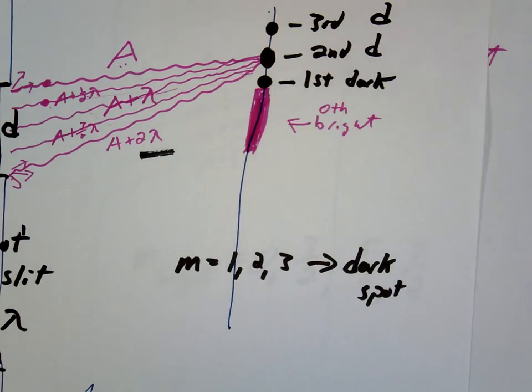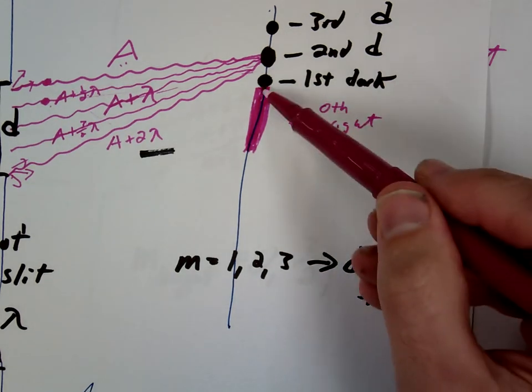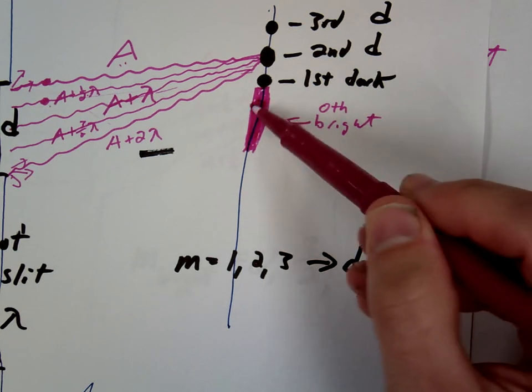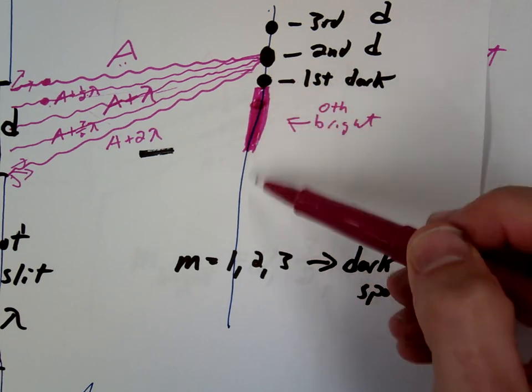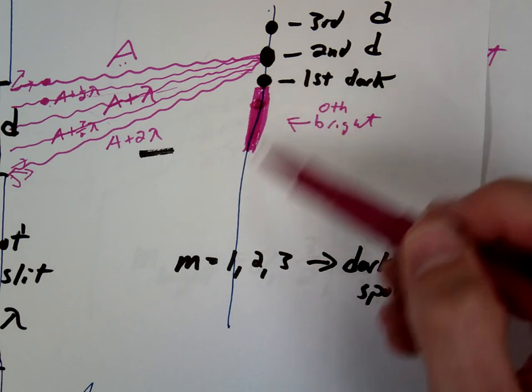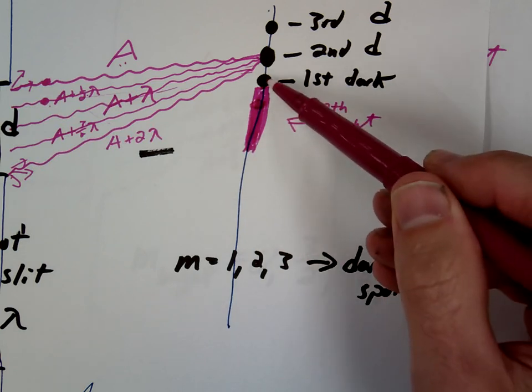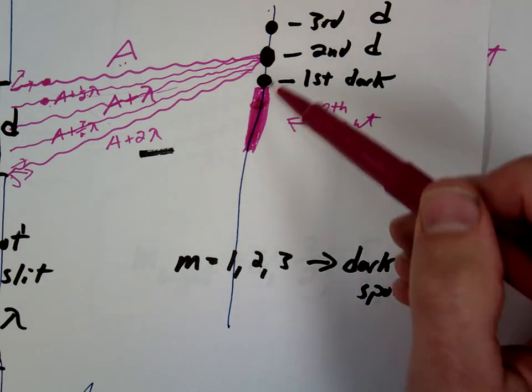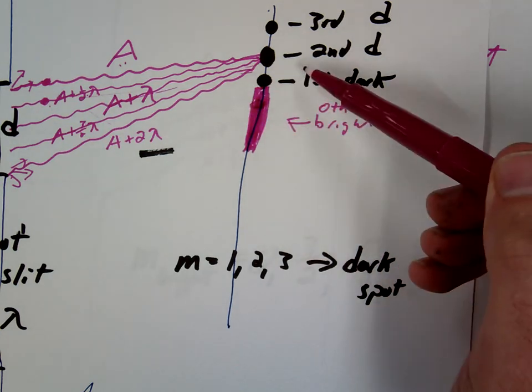If you thought it was 1 half, it would be right here, which is already a bright spot itself. So the first bright spot does not end until you've reached the first dark spot, and the next bright spot can't begin until after the first dark spot.